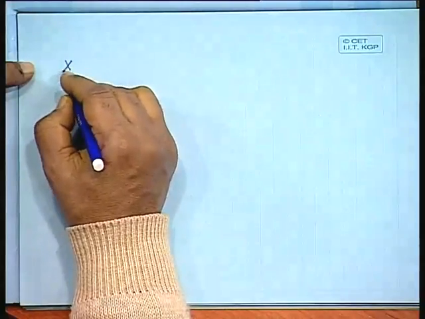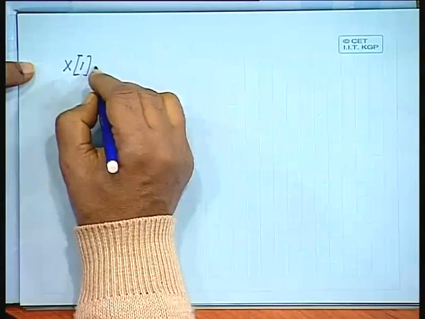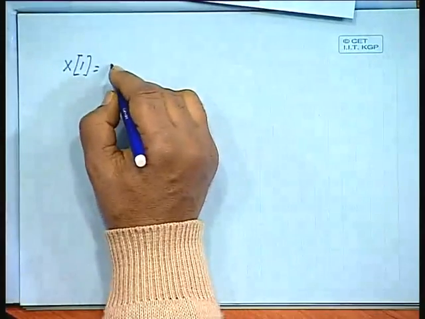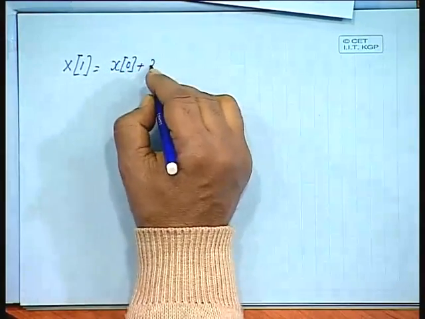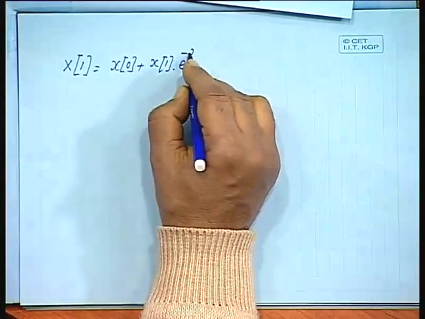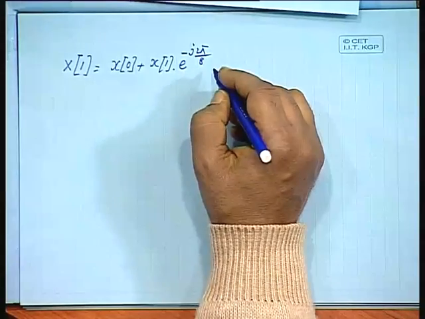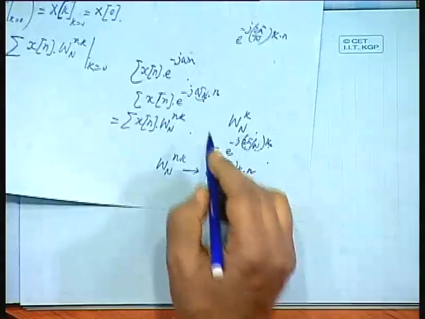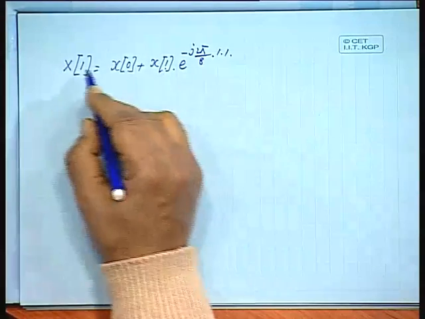What will be X 1 for the same sequence? It will be x 0 plus x 1 into e to the power minus j 2 pi by 8 into 1 into n, where k is 1, alright.